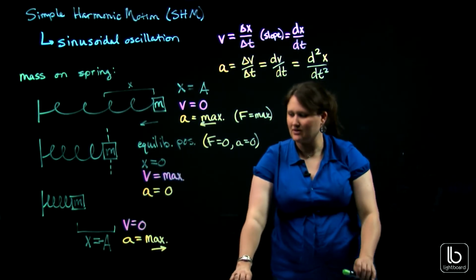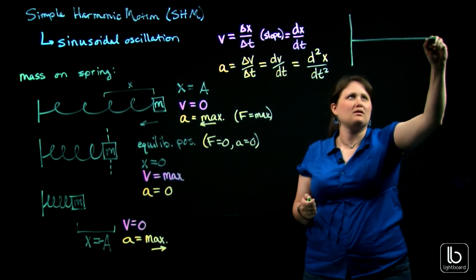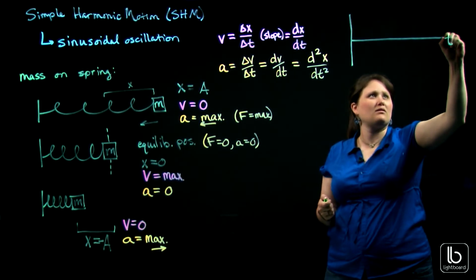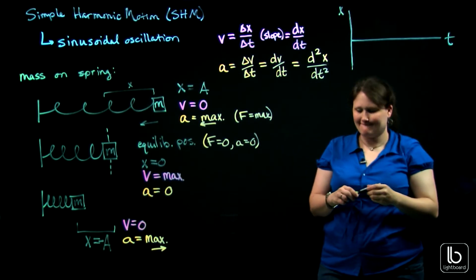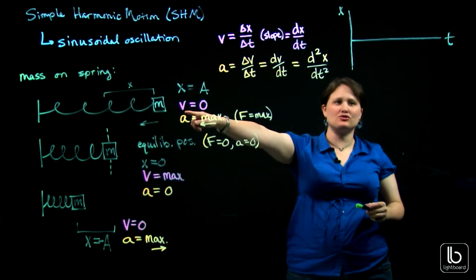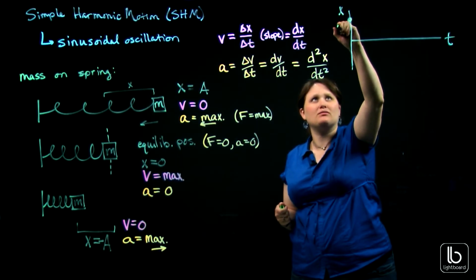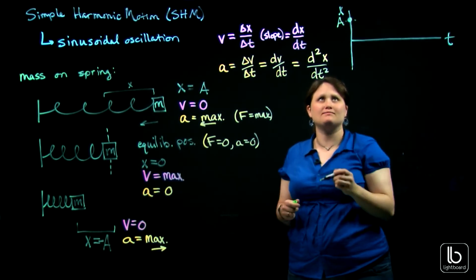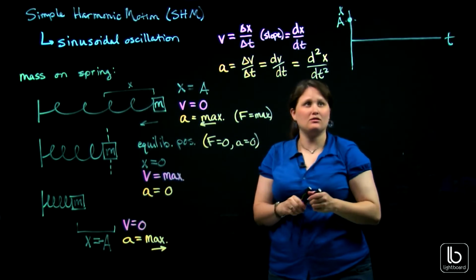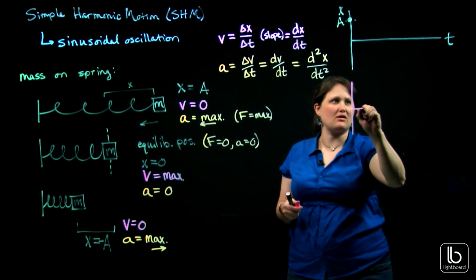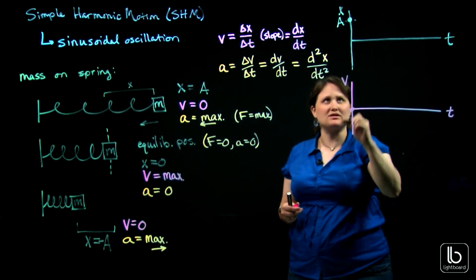Let's do it this way. So the first thing we're going to look at is position with respect to time. And in my initial case, my position is at a maximum, and we're calling that maximum A. We also know that initially, we can talk about velocity with respect to time, and initially my velocity is 0.